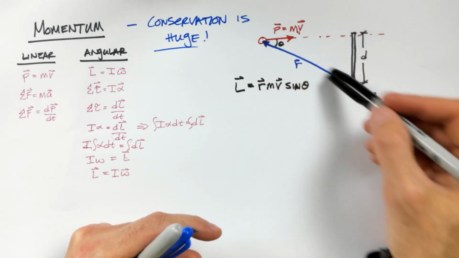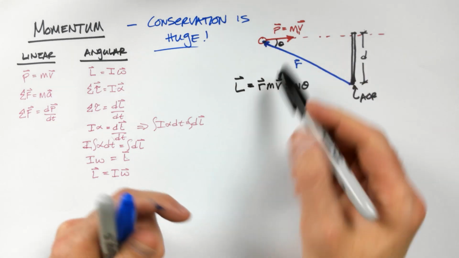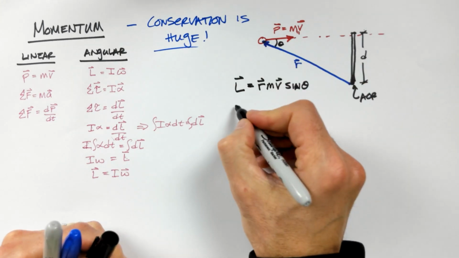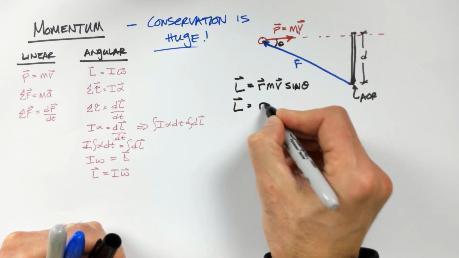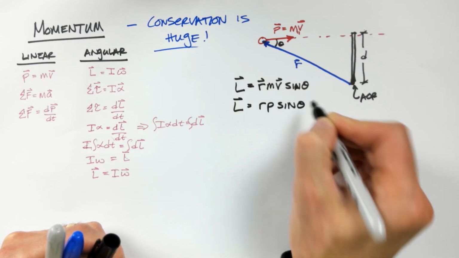So this r times this p. You could also say this would be true as well, right? So we would just say rp sine theta.